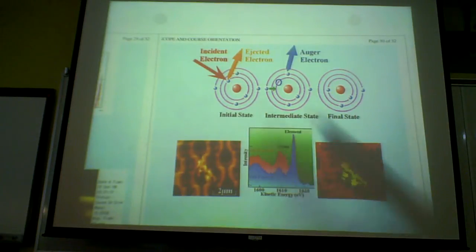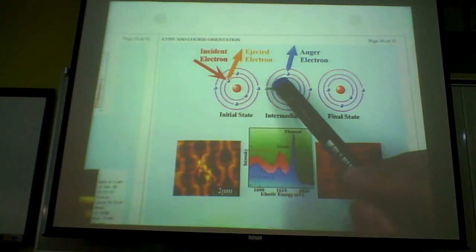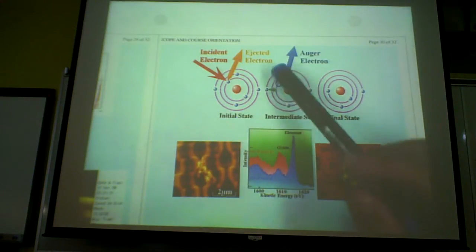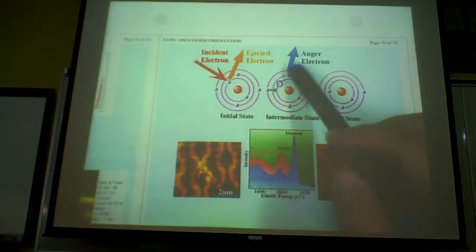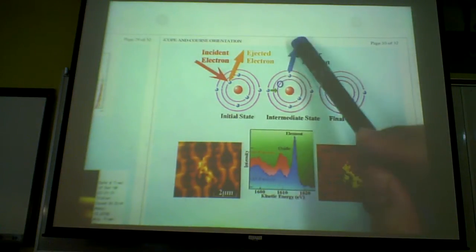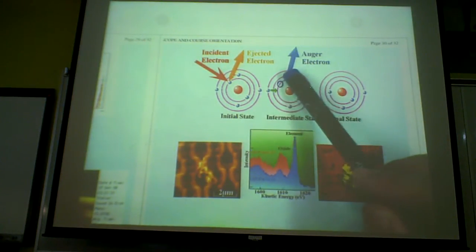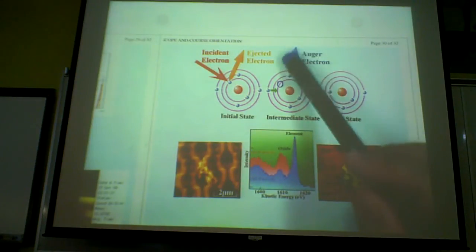Another way is that an electron can come and fill this hole. Instead of emitting a photon, you can emit an electron. This electron kicks out because it filled this hole, and this electron carries all the excess energy that you got.